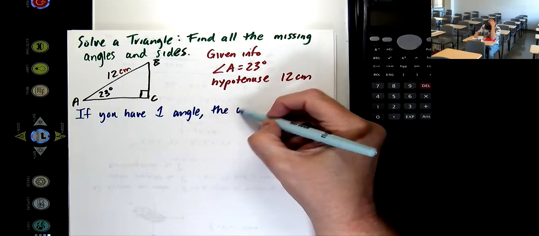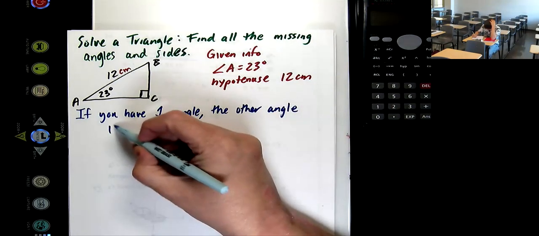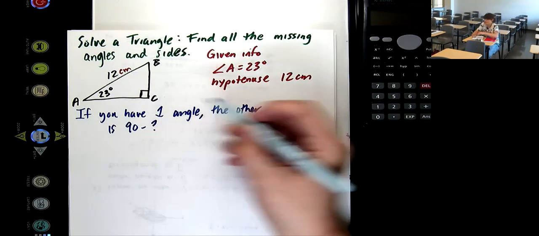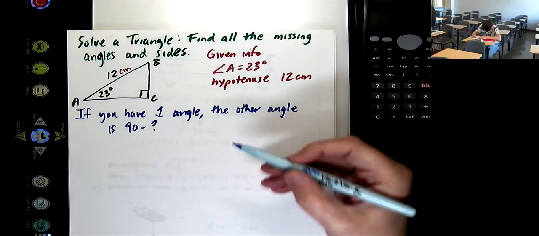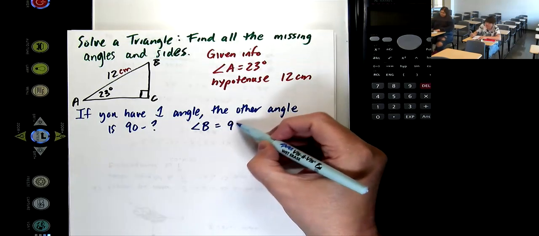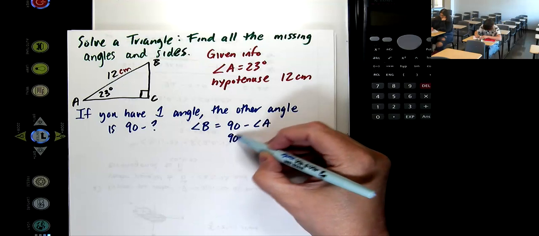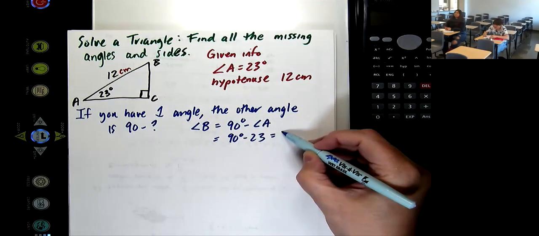The other angle is 90 minus that. Which means here, angle B is 90 minus angle A, which is 90 degrees minus 23 degrees, which is 67 degrees.